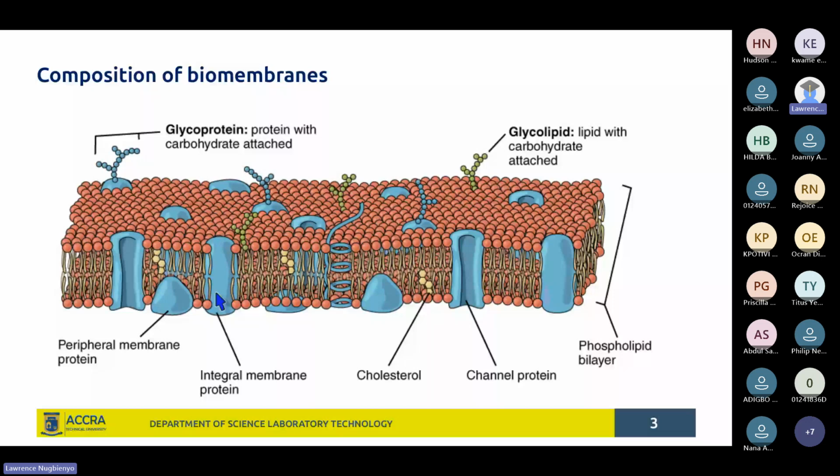And then you can see another lipid, which we looked at. Cholesterol is also found in the biomembrane structure. So generally, these are the major components of the cell membrane, the biomembranes that you refer to.